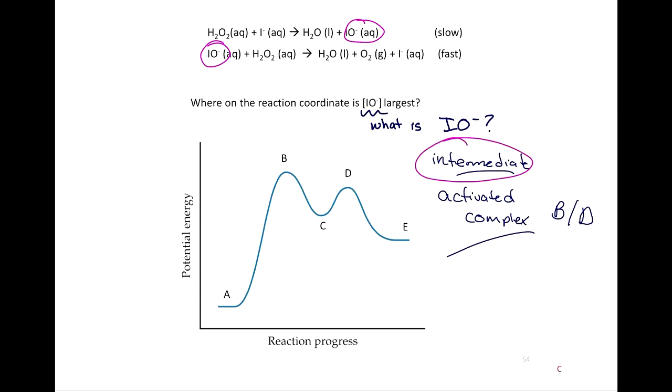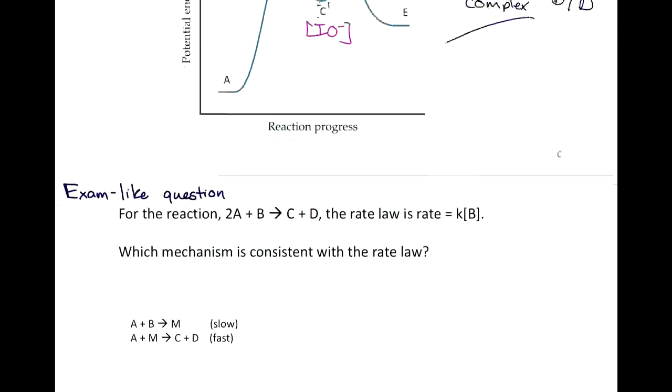And so where an intermediate should lie is between these first steps. It's created after the first step. So IO minus concentration should be fairly large in point C, because after point C, the second step takes over, it's consumed, and then you make your products at the end there. All right? Okay, so I think that's where we left off, yes.